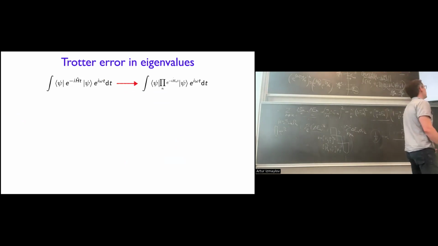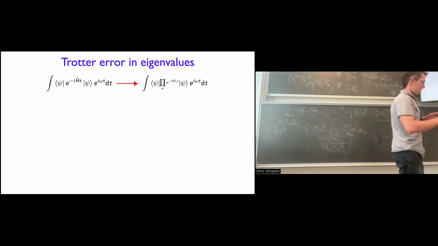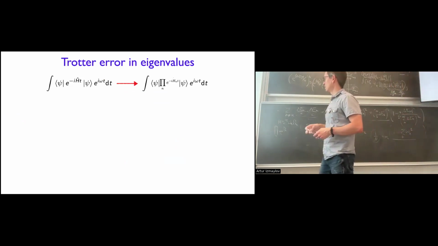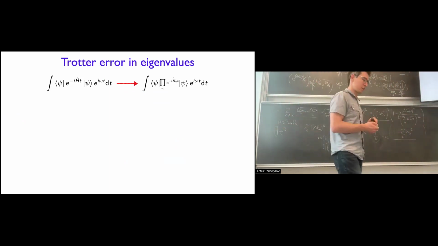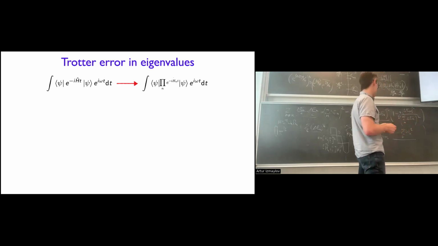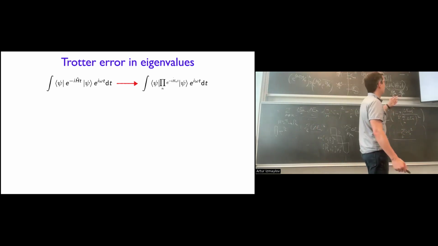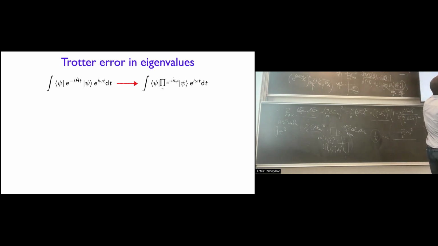Because what we realize is, so far Childs and coworkers were looking at the norm of the difference between the two unitary transformations. And what we're technically interested in for the eigenvalue problem is: what is the difference between the actual eigenvalue you're going to get if you take the Fourier transformation of the autocorrelation function with the true Hamiltonian and the Trotter approximation, right?